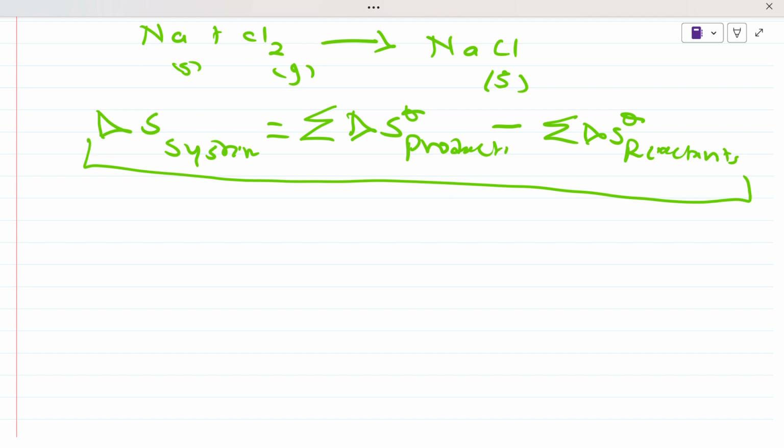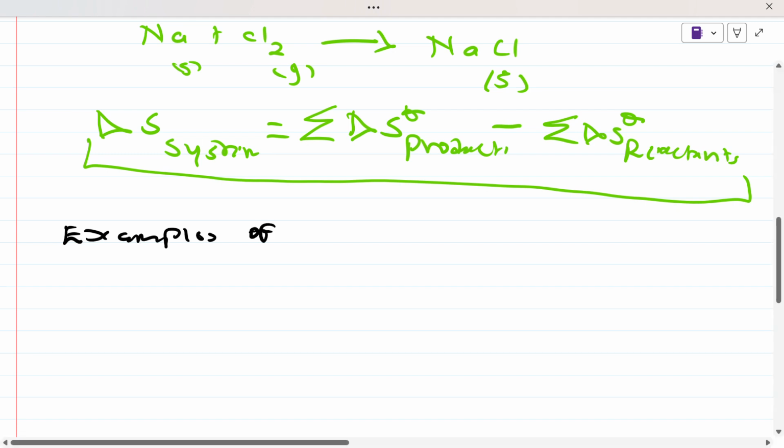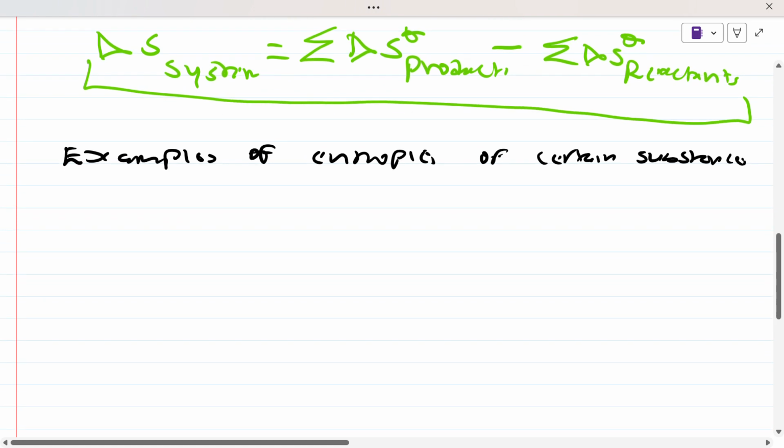Now, for example, I'm going to have a situation whereby the first substance I'm going to start with is a substance that is in solid, and on the other hand, I'm going to have entropy that is S naught in joules per Kelvin per mole.